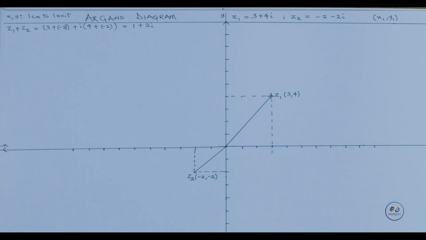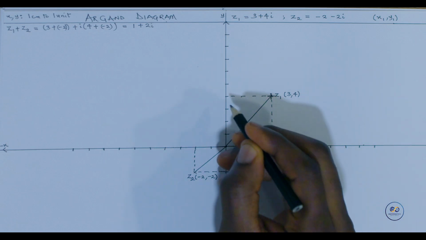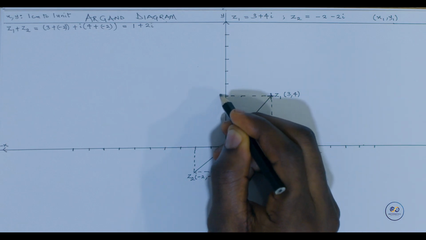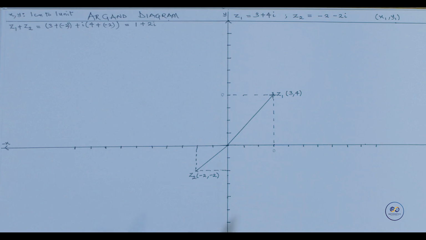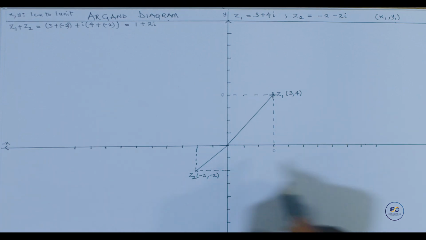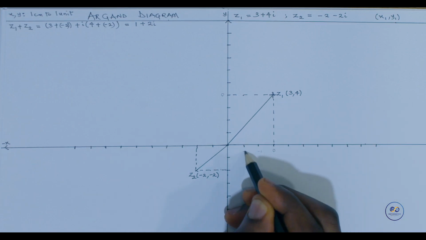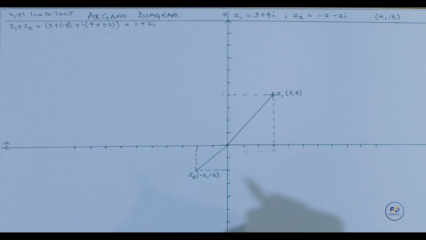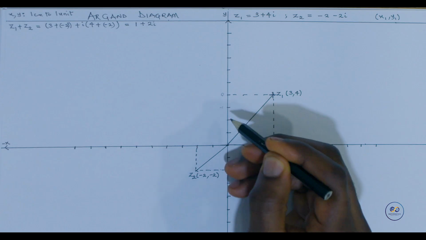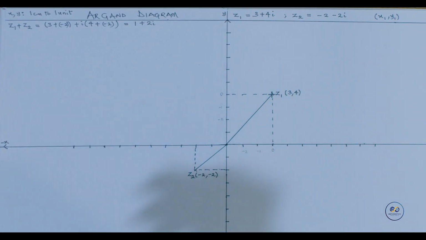If this is the new 0 on the x-axis, and this is also the new 0 on the y-axis, it means that for -2 on the real part, this would be -1, and then this would be -2. And on the y-axis, this would be -1, and this would be the new -2, if this becomes our new point of origin.